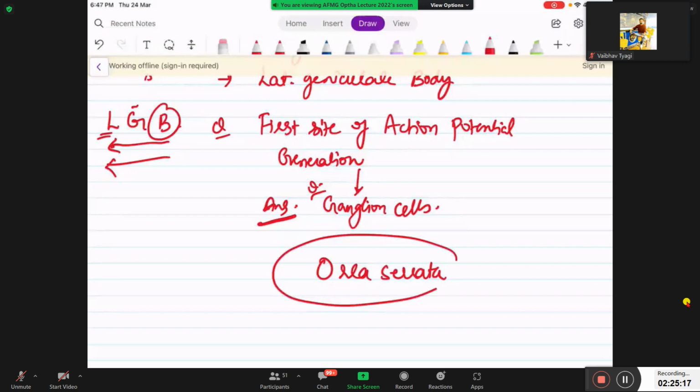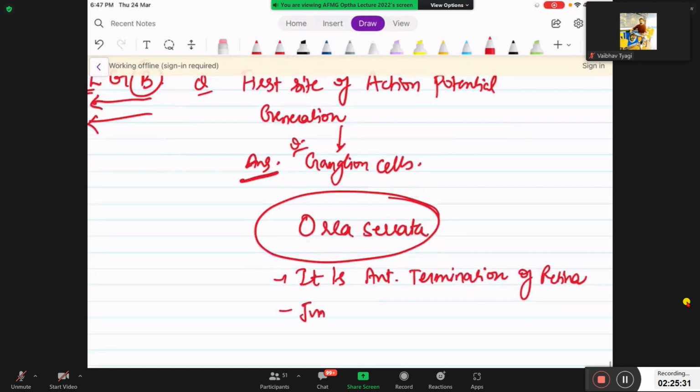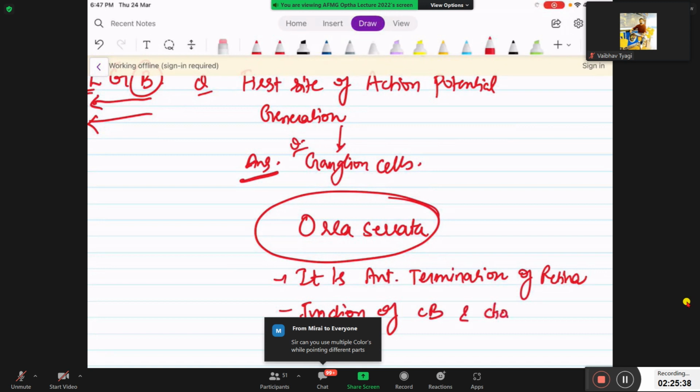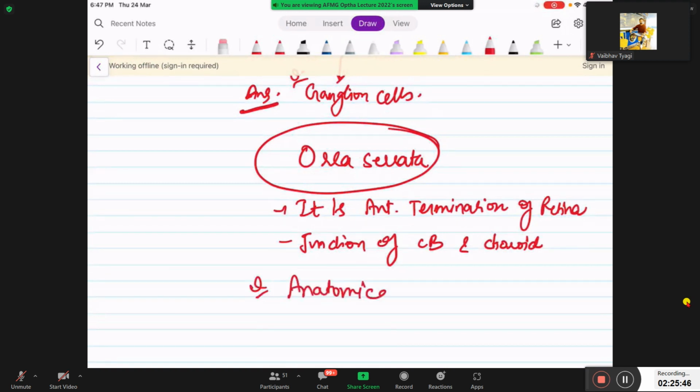It is the anterior termination of retina, and it is the junction of ciliary body and choroid. Write down an important question. What is the anatomical significance of this structure? Anatomical significance of ora serrata.